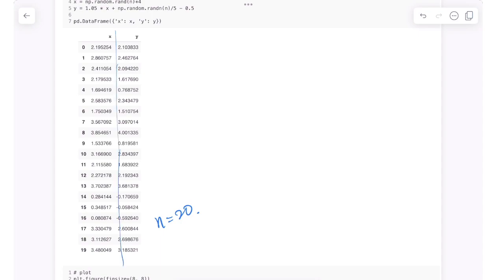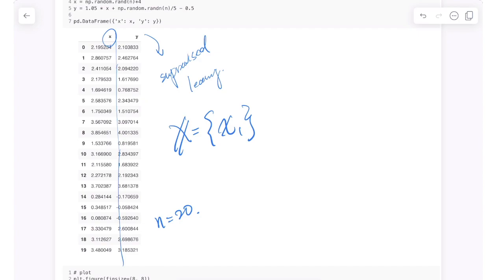So that is supervised learning because we have a specific target, right? And we can see there is only one x, so the big X has only one component, which is x1. We'd like to find a model that can describe this.